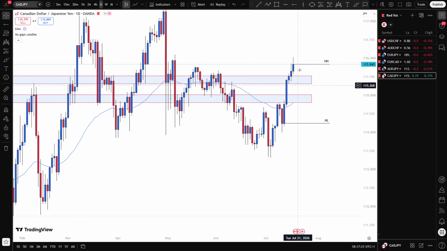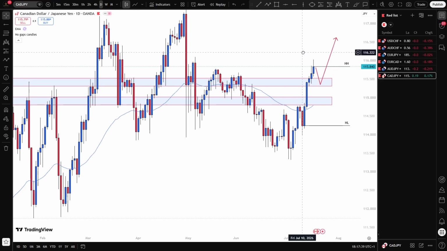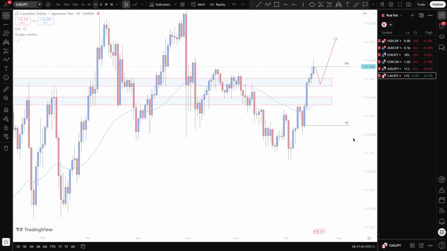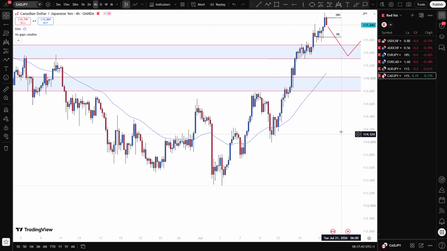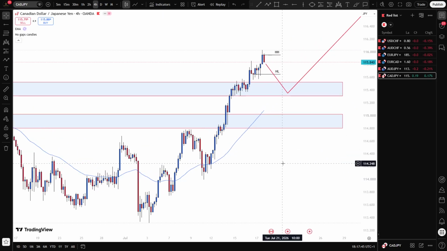So if we have a candle come down here, body close here, give me rejection, I'll take the trade to the upside. If you have a candlestick that comes down here and gives me rejection, I'll take the trade to the upside. And if we go down to the 4-hour time frame, we are still bullish on the 4-hour time frame.